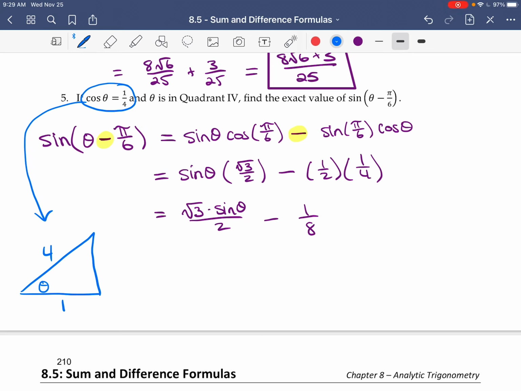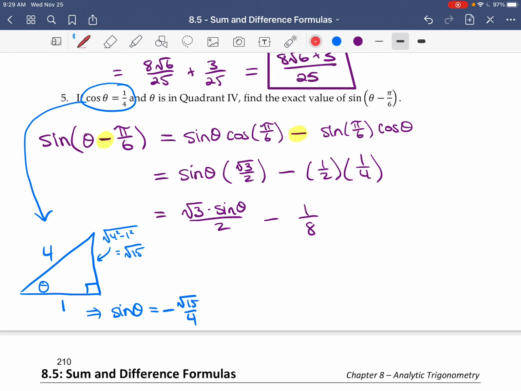So I know that the adjacent side is 1, and so the other side is going to be the square root of 4 squared minus 1 squared. So that's the square root of 15. This is a right triangle, and that means that sine of theta is going to be root 15 over 4, but it's going to be a negative.